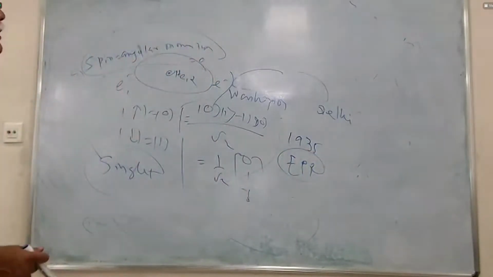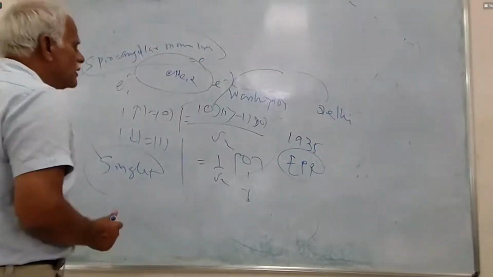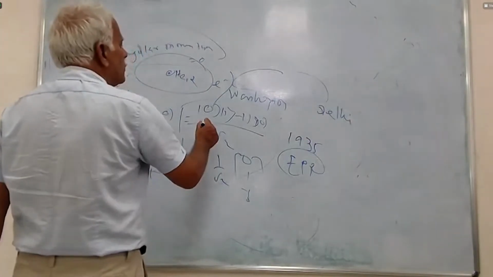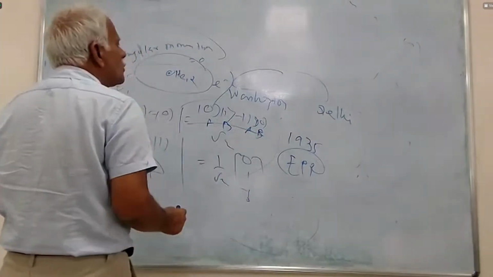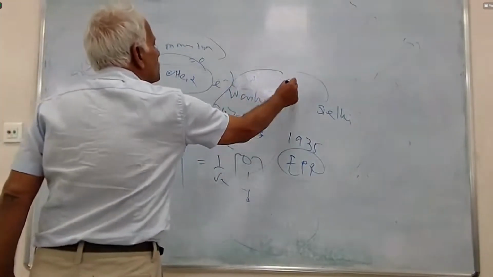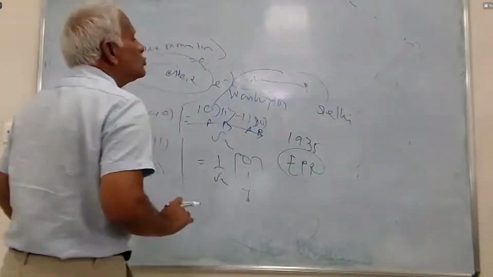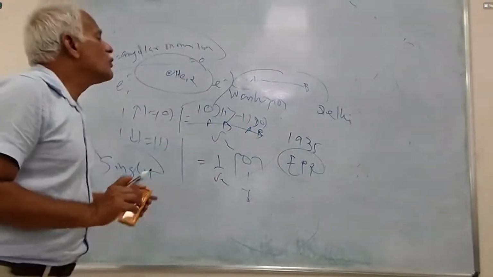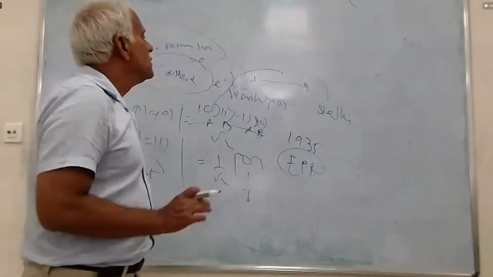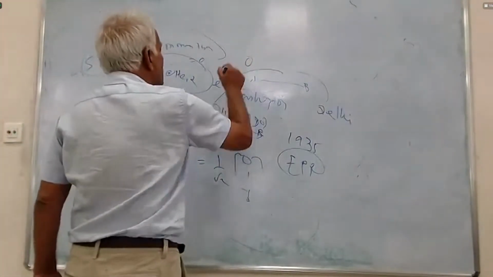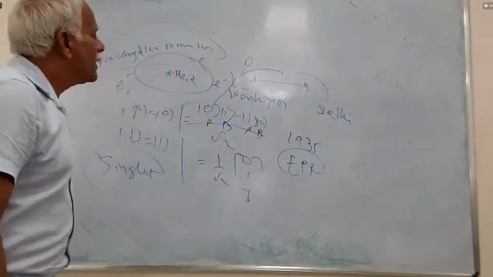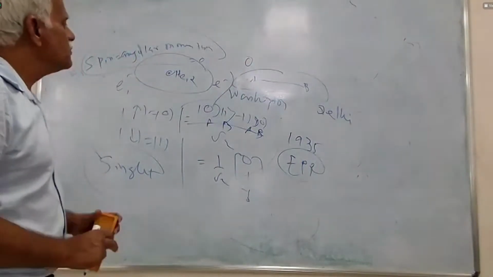Then he pointed out, okay, let me give some names to them: Alice and Bob. Now suppose Alice is here, Bob is here, far, far away, so far that light cannot reach for some time. Alice does a measurement in what basis? As you agreed last year, choose the basis.